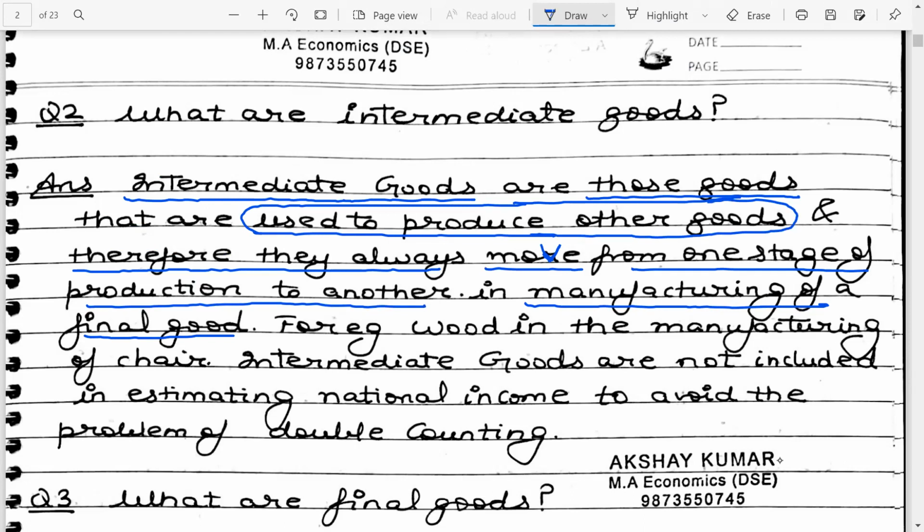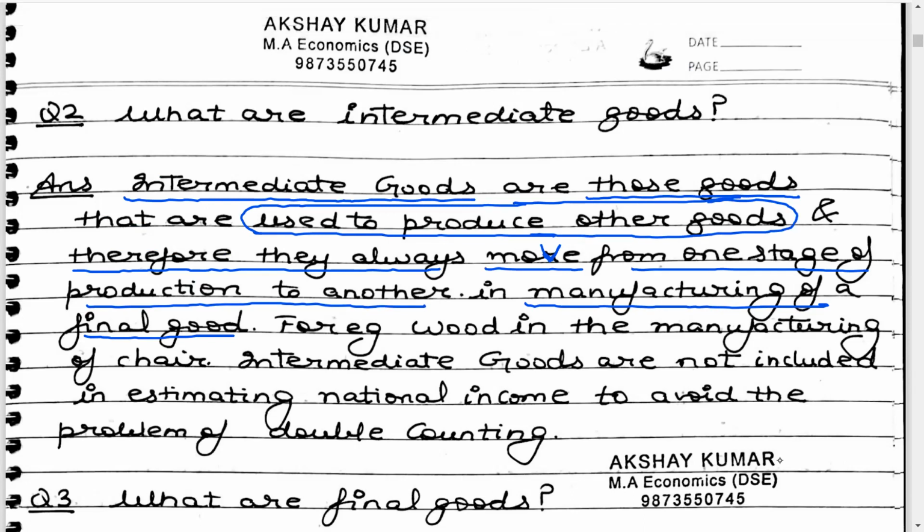And intermediate goods will completely lose their existence once they are transformed into the final good. So this is what is meant by the line that intermediate goods always move from one stage of production to another. Now, since intermediate goods are moving from one stage of production to another, they completely lose their individual existence.